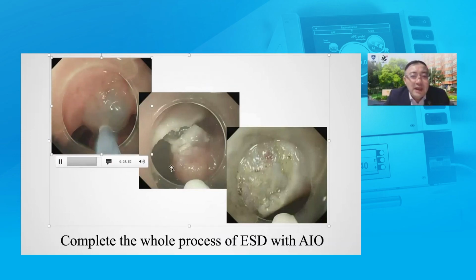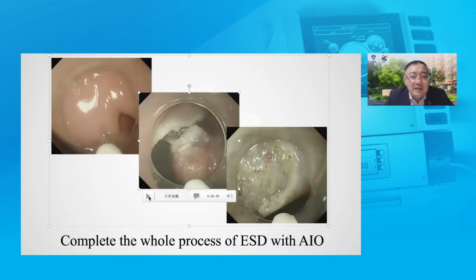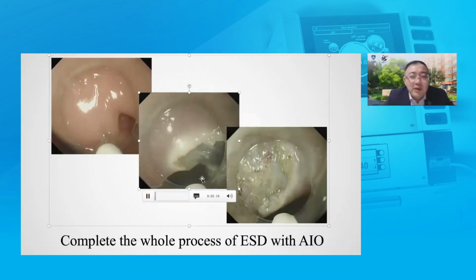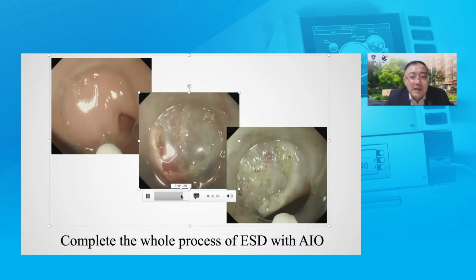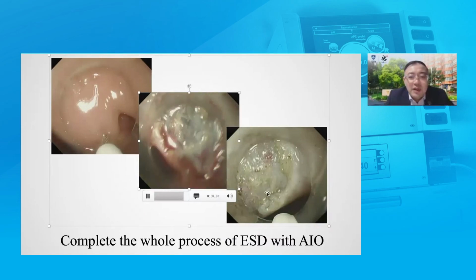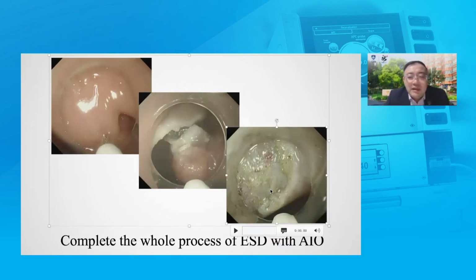And we can use the snare to cut the submucosa and to stop bleeding during the ESD procedure. This snare even has an APC function. So the all-in-one snare was used to finish the whole ESD procedure. There was no need to exchange instruments during the whole procedure.